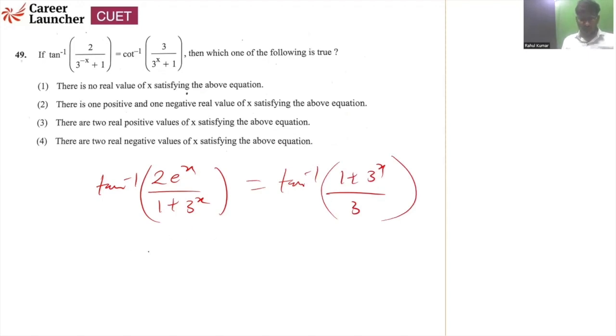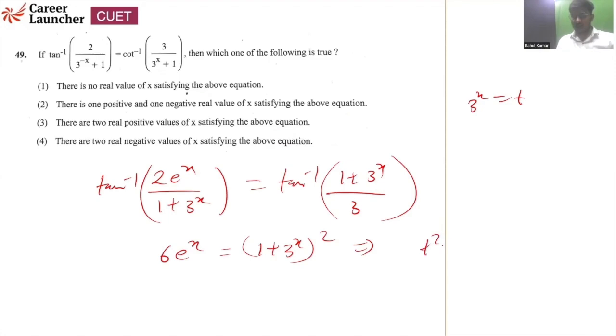Now we will remove the tan, and we have 6 e to the power x equal to 1 plus 3 to the power x whole squared. We will assume 3 to the power x as t. So we have t squared plus 1 plus 2t equal to 6t, so t squared minus 4t plus 1 is equal to 0.